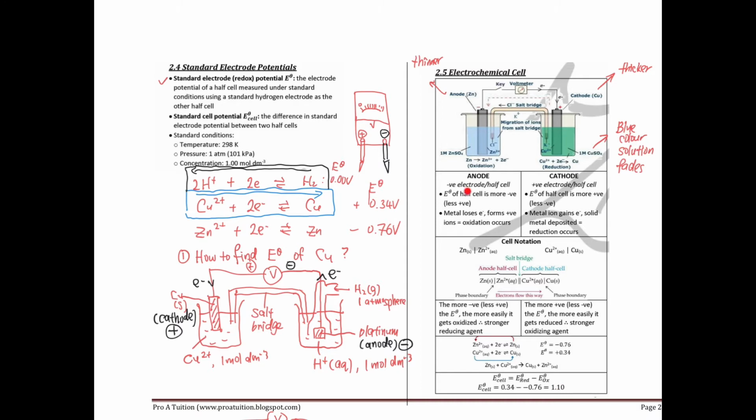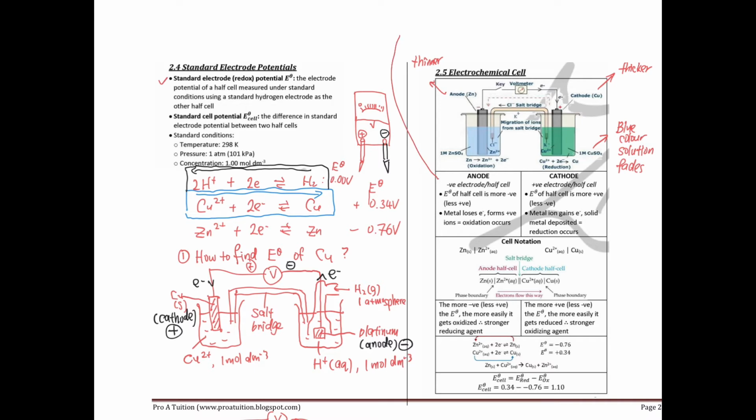Now let's see the point here, anode. So anode is the negative electrode now. In a voltaic cell or electrochemical cell, it is the negative electrode. Compared to the electrolytic cell that we learned before, it is actually a positive terminal.